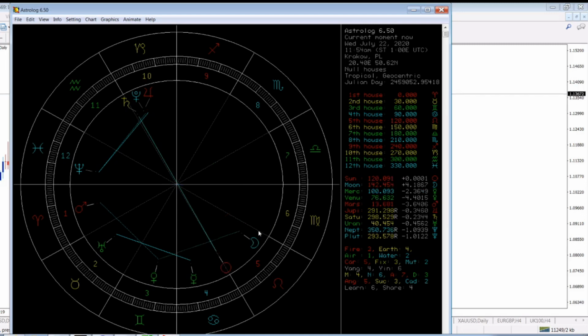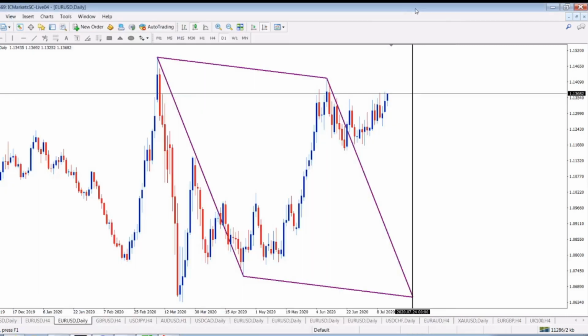Exactly on 22nd, the sun is getting into Leo and making the opposition to Saturn, and we'll see what's going to happen. As well, on the same date, 22nd, we've got a sextile between Mercury and Uranus, so we'll see. But that's it. I want to show you something else. So 24th of 7, you might pay attention to this date.